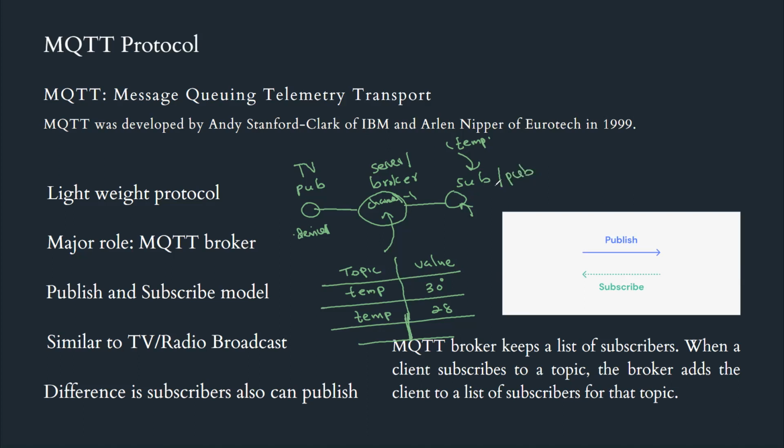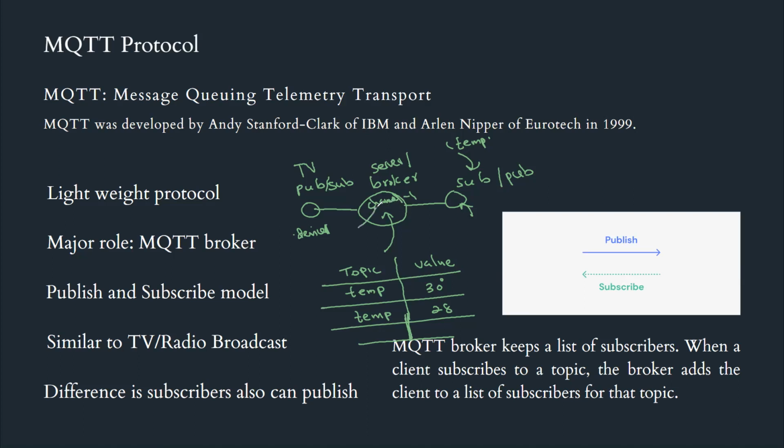Each and every device which is connected to the MQTT broker can be considered a subscriber or a publisher. Therefore, any device can subscribe to a certain channel in the broker or publish to a certain channel in the broker, right?